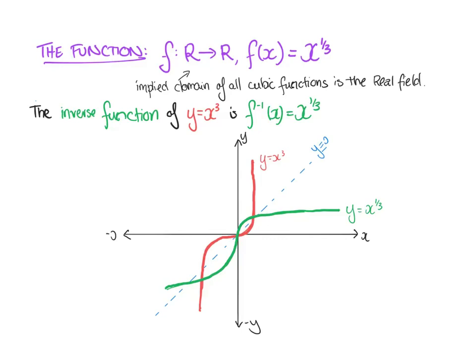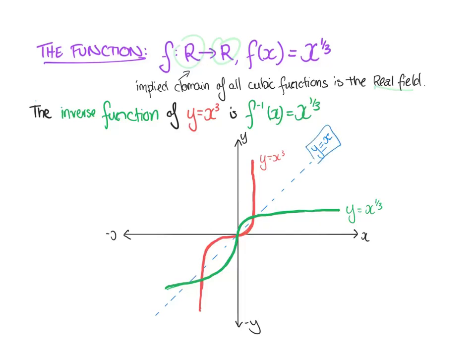Okay, we may be asked to graph the inverse function of a cubic, which would be x to the power of a third. So the implied domain and range is still the real field, so that's where these R's are coming in. But if we remember back to when we did inverse functions, an inverse function reflects in this blue line, y equals x.